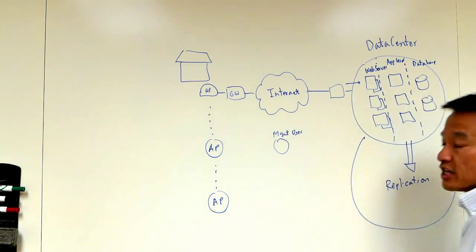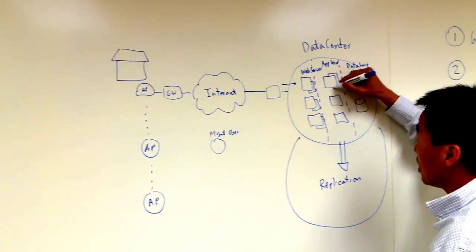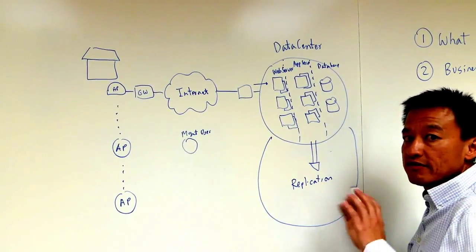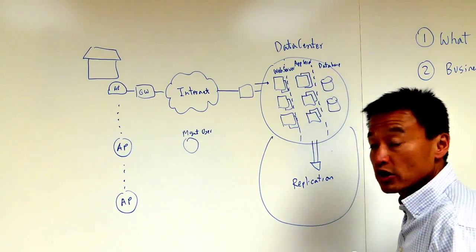I'll draw in a different color later on. And if more requests come in, potentially we also automatically add multiple application servers in the network. Everything is transparent to the user. So that's from the high level in terms of Business Central architecture.